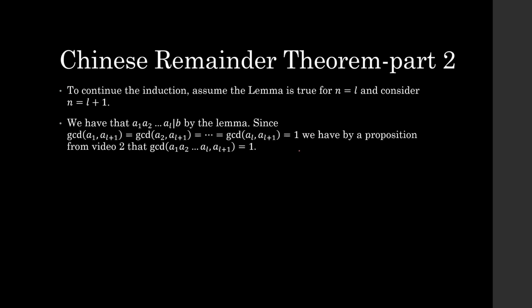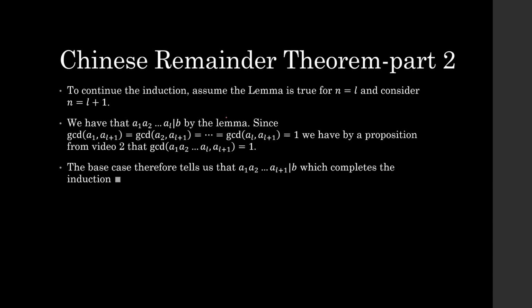From a proposition in video 2 that you might remember, when all these greatest common divisors are 1 with a common term at the end like this, I can just multiply all these guys and still get 1. So you can always refer to video 2 to look at the proof again. That's going to be a useful little fact.